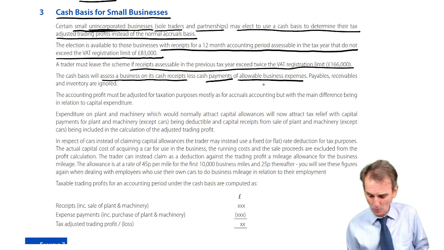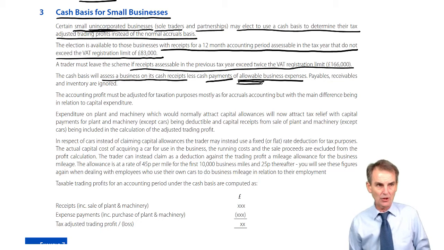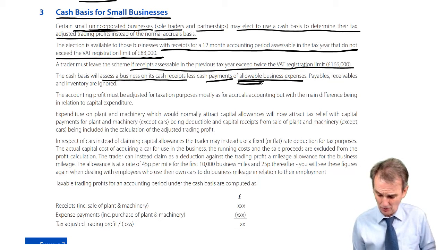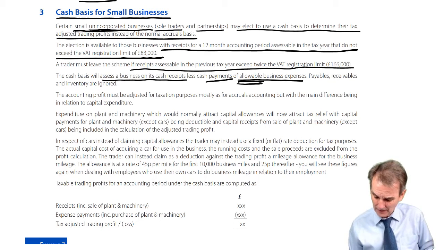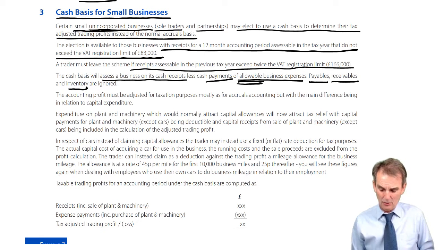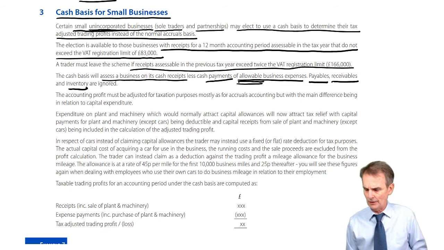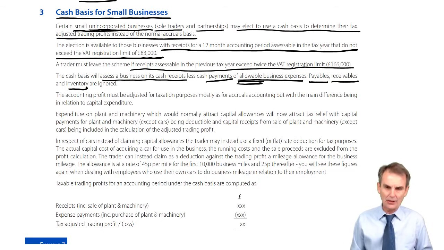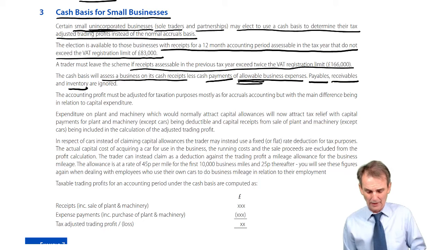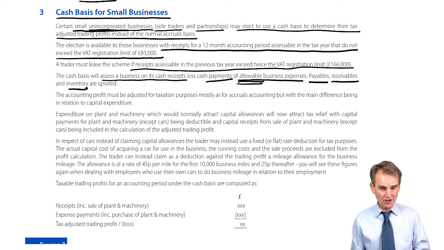Again, we're talking about what would be allowable for taxation as a business expense. Still, adjustment of profit issues apply. But your payables, receivables, inventory are ignored, or as I would have called it in the good old days, your creditors, debtors and stock there are all ignored. We just want cash, receipts and payments.